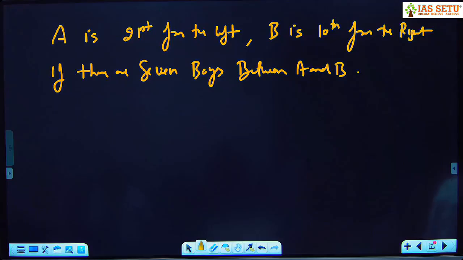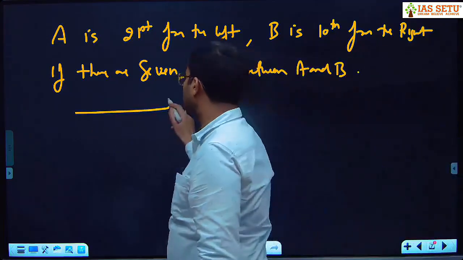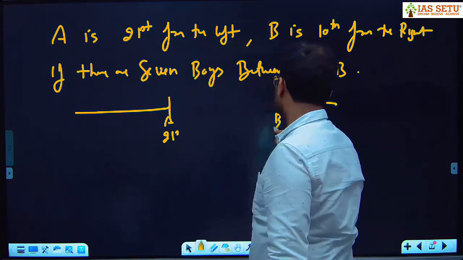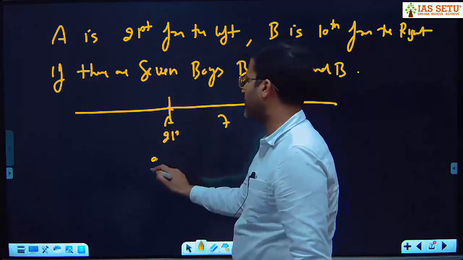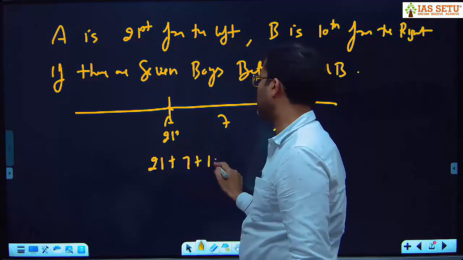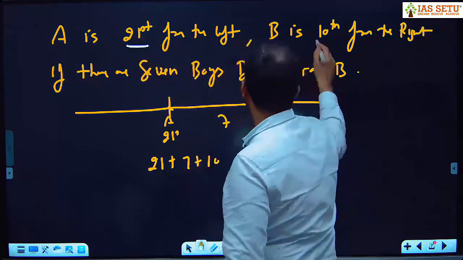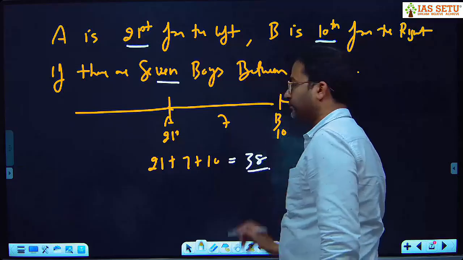बिल्कुल होंगे, आज calendar के doubts होंगे, क्यों नहीं होंगे। See, for maximum, this is A who is 21st from the left, this is B who is 10th from the right, 7. इसमें maximum भी बिल्कुल simple है, 21 + 7 + 10, you add this, so it is 38.